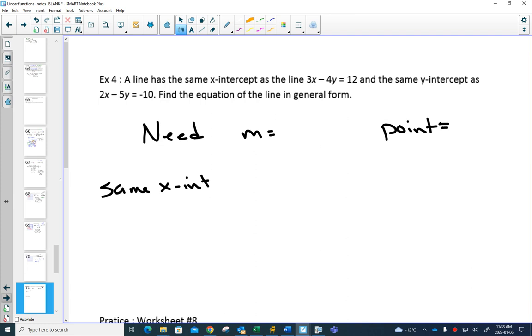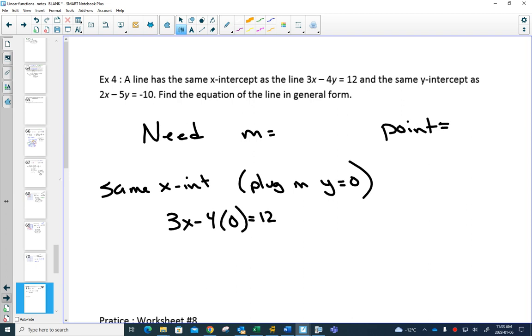How do we find an x-intercept? We plug in zero for y. So I would get a point by going 3x minus 4 times 0 equals 12. x is equal to 4. And that tells me the following point, 4 comma 0.